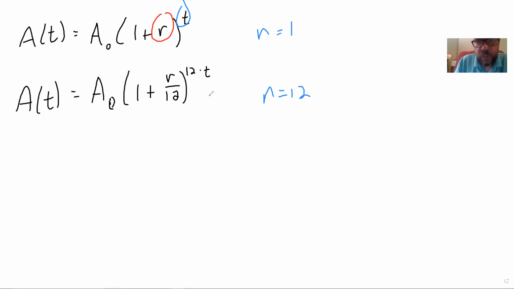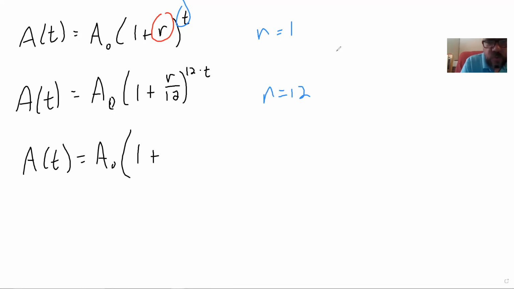And more generally, if we're going to do this n times per year, you're going to break up the interest rate into n pieces, and you're going to give that to them n times in a year, so nt times.